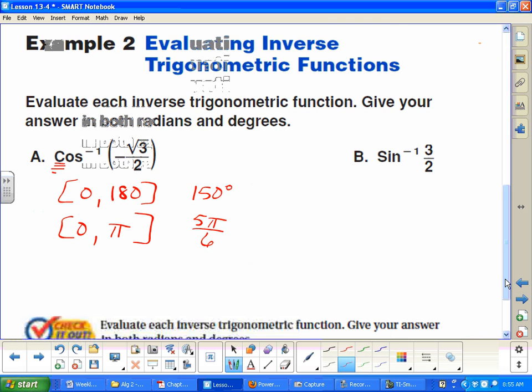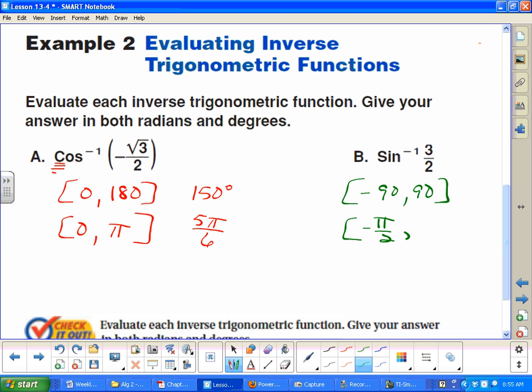Sine inverse of 3/2. Sine is between negative 90 and 90, or negative pi over 2 and pi over 2. It's 3/2 on the unit circle, first of all. That's not a number we have on the unit circle, is it? So let's take our calculator and do the inverse sine of 3/2.